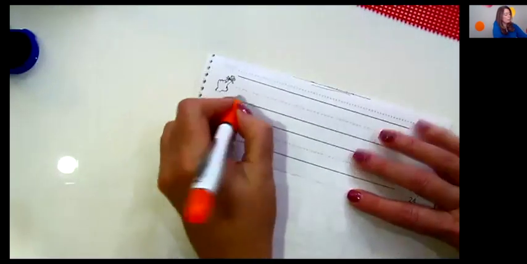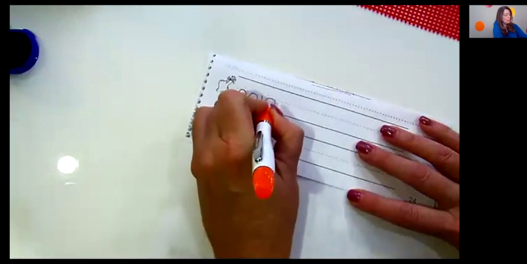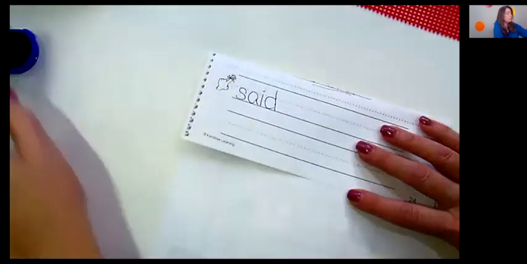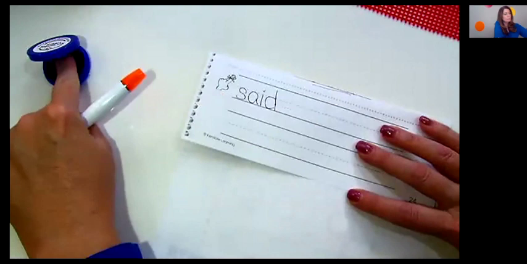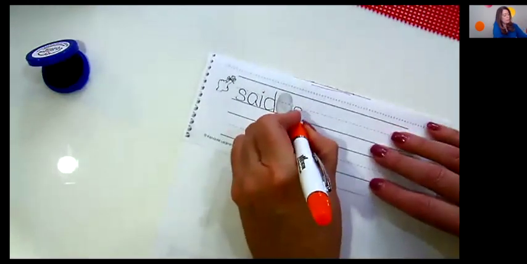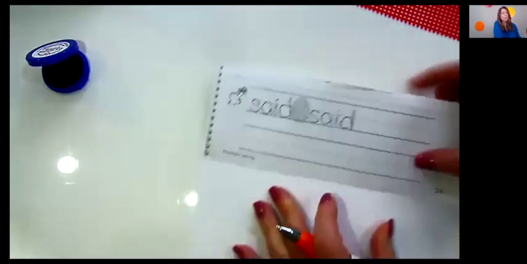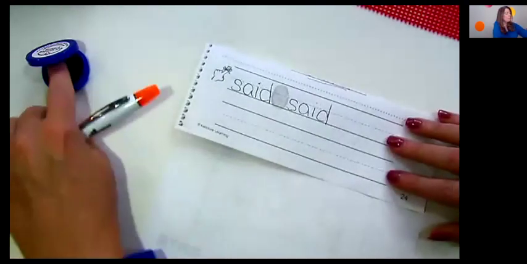Then we go S-A-I-D. Then we get to fingerprint the criminal, and then write it again, S-A-I-D. And we can flip back and try to remember the scene of the crime if we forget.